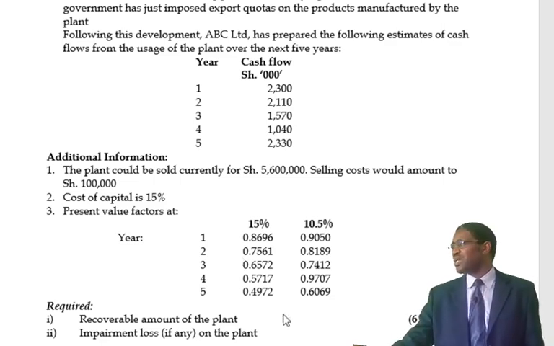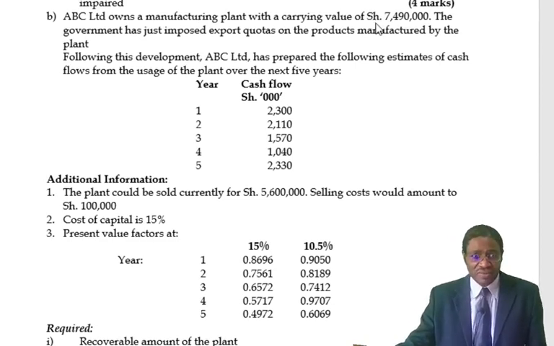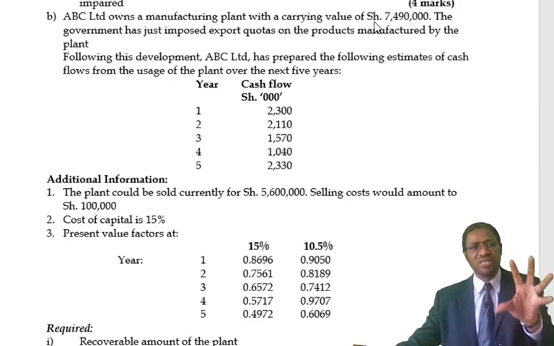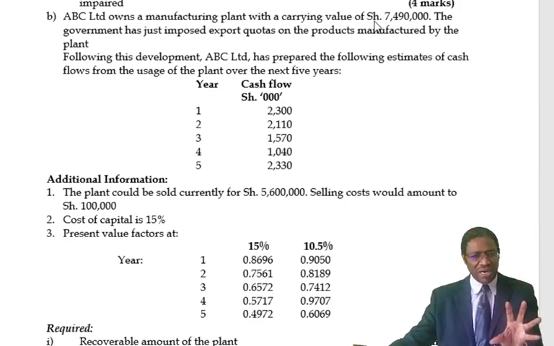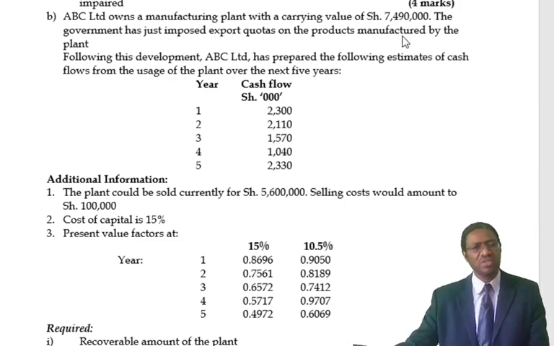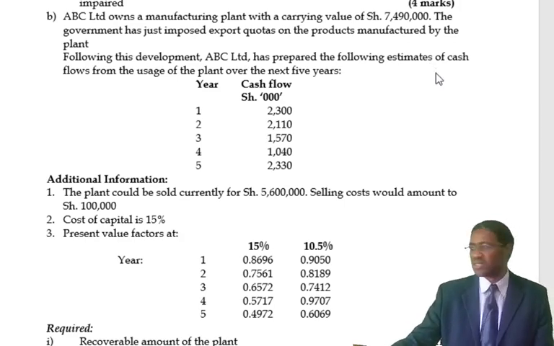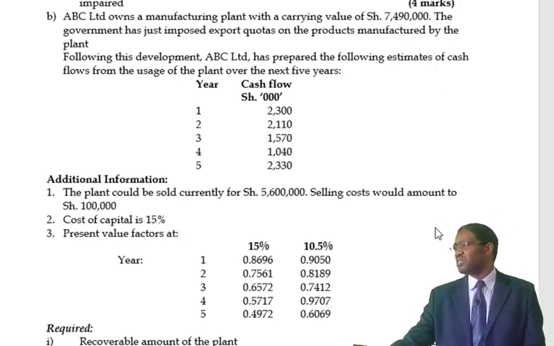Remember, we were told at the start of the question that the carrying amount of the plant was 7,490,000. Now we have computed its recoverable amount and we have got 6,380,299. So has it suffered? Yes, it has suffered.